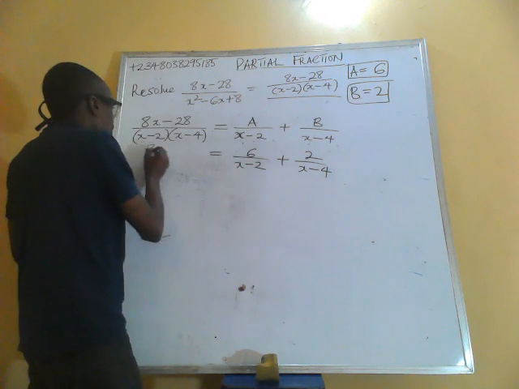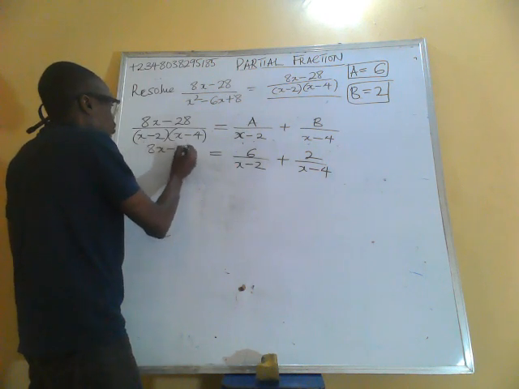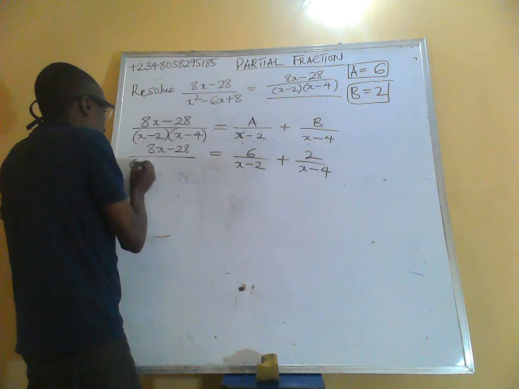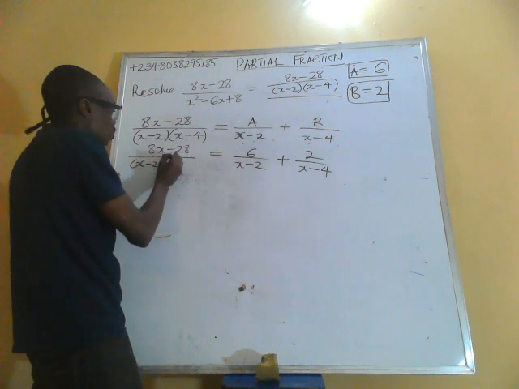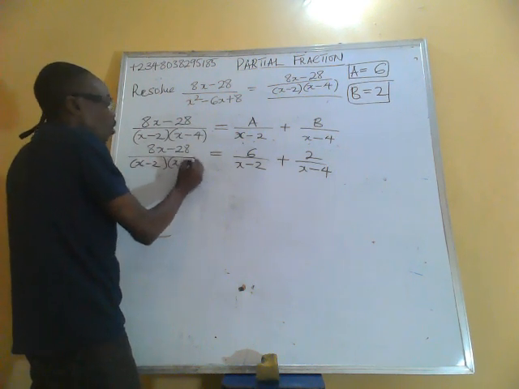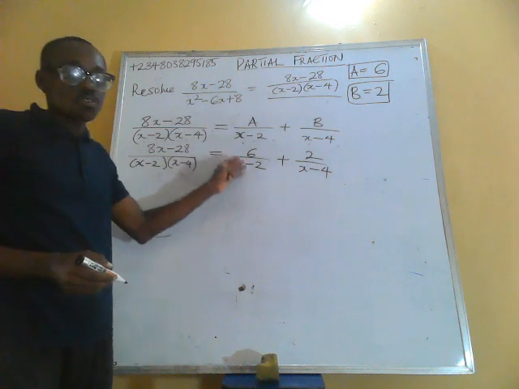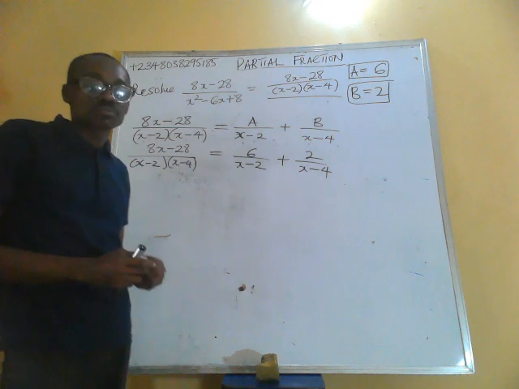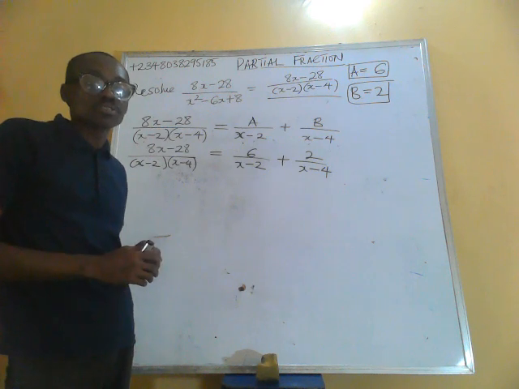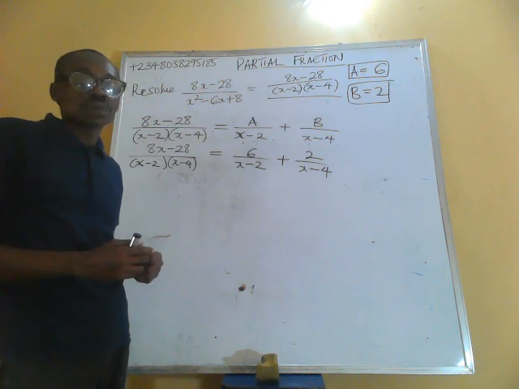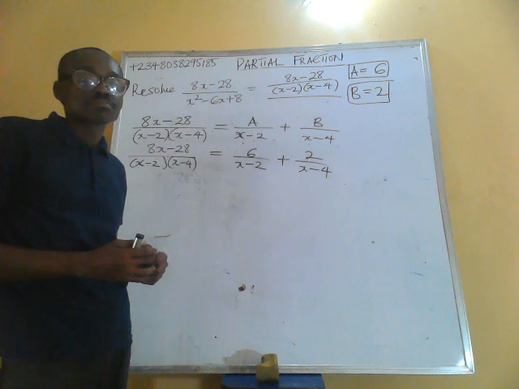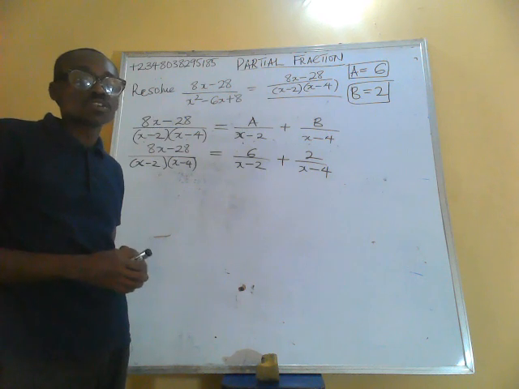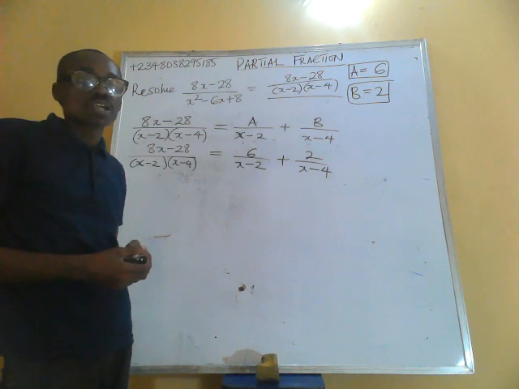So this is 8x minus 28 all over x minus 2 into x minus 4, which is equal to 6 over x minus 2 plus 2 over x minus 4. So we've successfully resolved our equation into partial fractions.